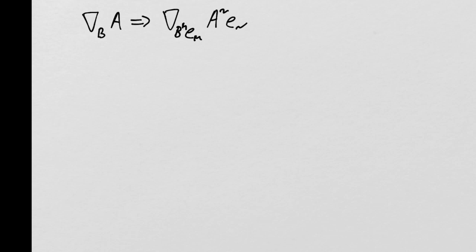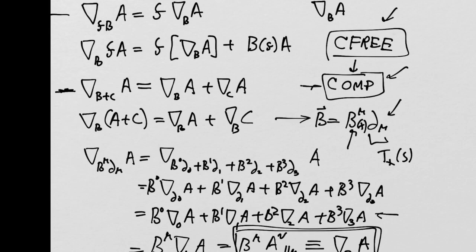Let's go back to, I'm going to write down the covariant derivative of A in the B direction, and then I'm going to make the substitution: covariant derivative of A in the B mu E mu direction. So I won't write partials, I'll use this E vector, and then I'll write A nu E nu, like that. So I'm going to use both of these expressions to decompose this thing.